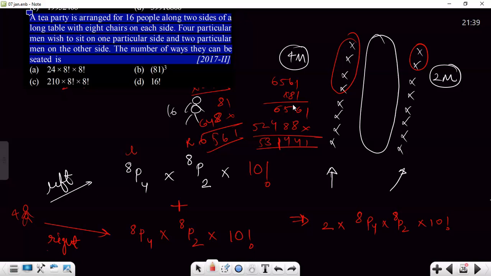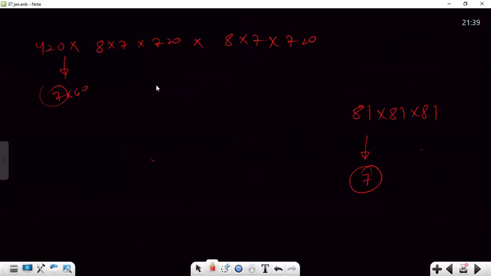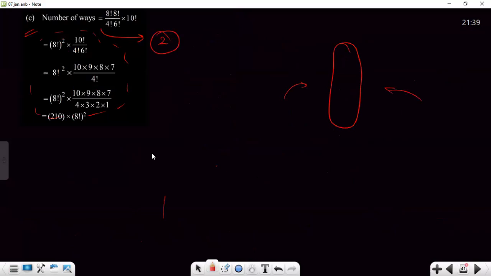He has taken it as a symmetry. It doesn't matter to him. Then this is basically 8P4 and this is 8P2. So multiply 8P4 into 8P2 into 10 factorial and solve for the answer. Is that clear, everyone? Why our answers are mismatching?